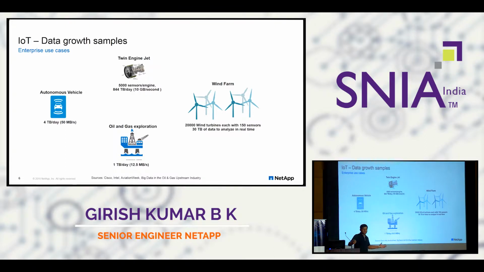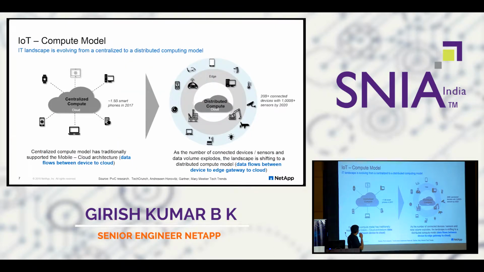If it's coming from multiple wind farms, and you analyze the data and you wait for some time, let's say 10 seconds, 20 seconds, and if you see that it is consistent, then you take action to move all the blades in the direction of the wind, right? To increase the efficiency. So this is the kind of data that's coming in the business use cases and the enterprise use cases, and this is just some numbers to think over.